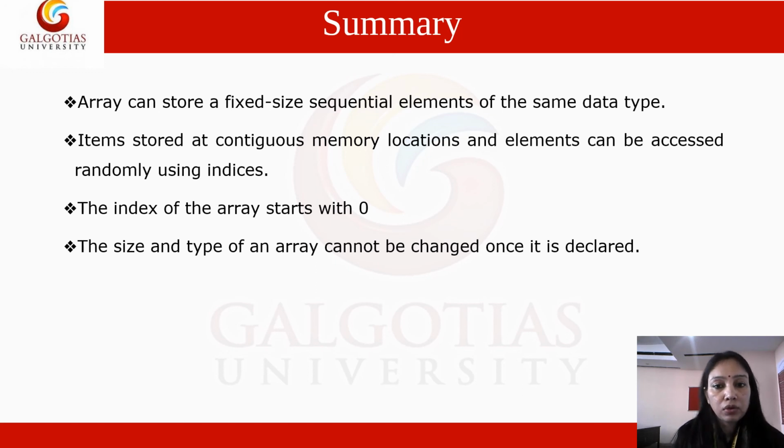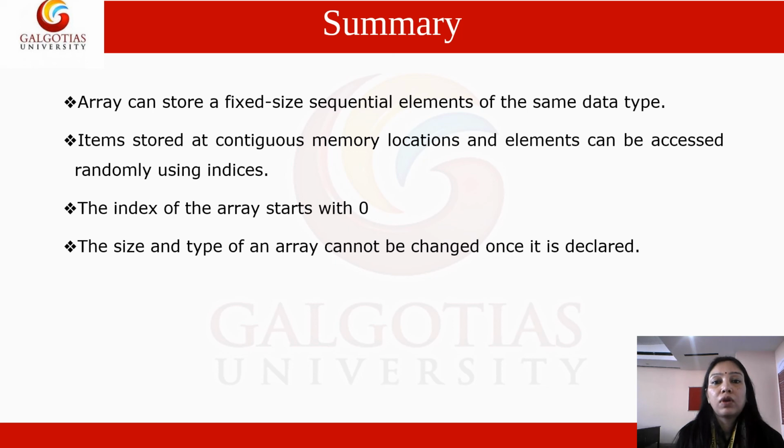Here I am going to conclude this lecture. What have we learned? We have learned what an array is, right? How array elements are stored in memory, and you have to remember that an array has contiguous memory allocation.